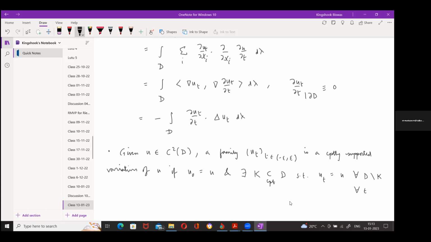So outside a compact set, I don't change u. So this implies that del u_t del t is equal to 0 on D minus K.